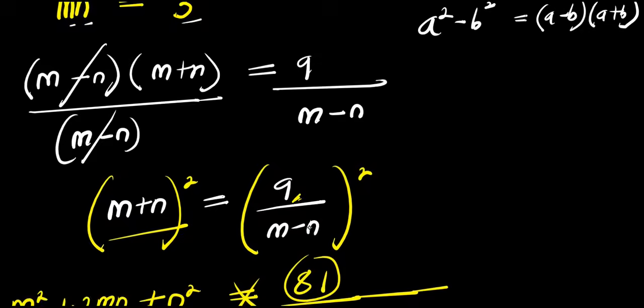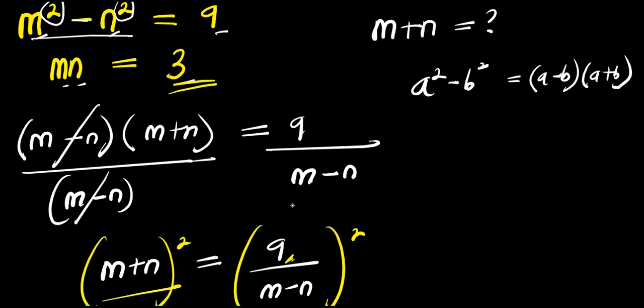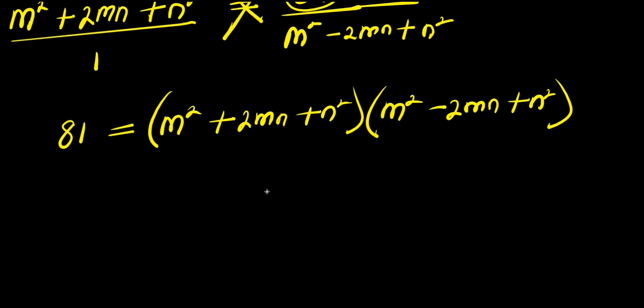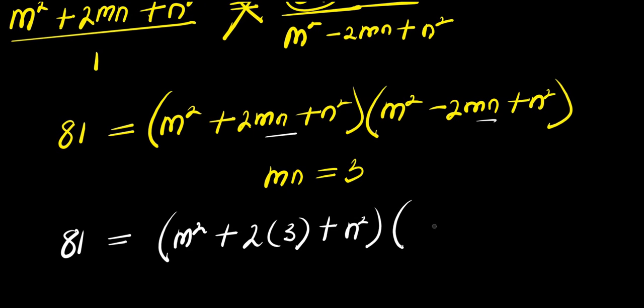Now remember this, our mn is 3. So we are going to consider mn. You can have mn is 3. So what you are going to have is to substitute it here and here. You have 81 equals, this is m squared plus 2 times 3 plus n squared times, this is m squared minus 2 times 3 plus n squared.